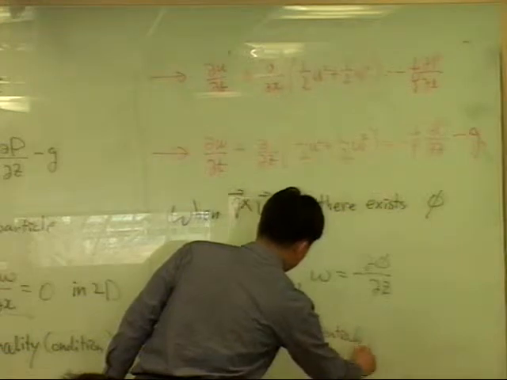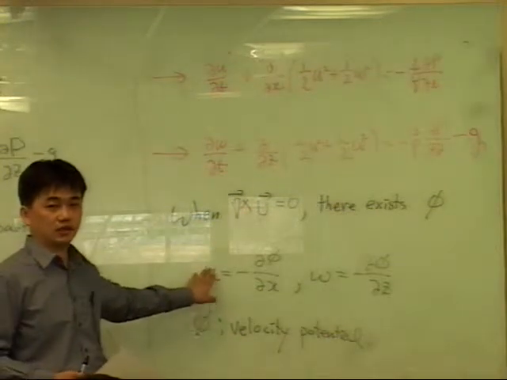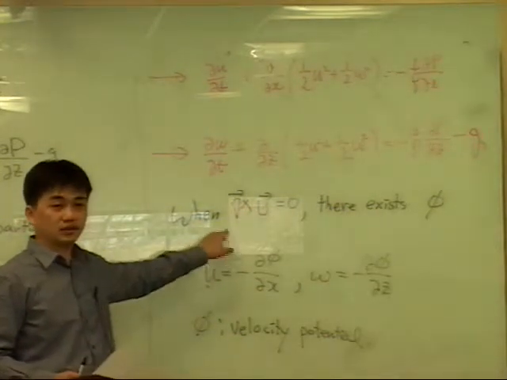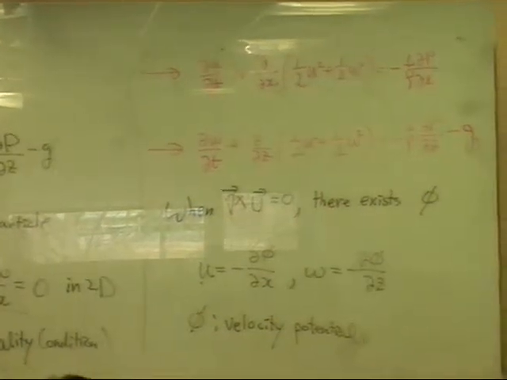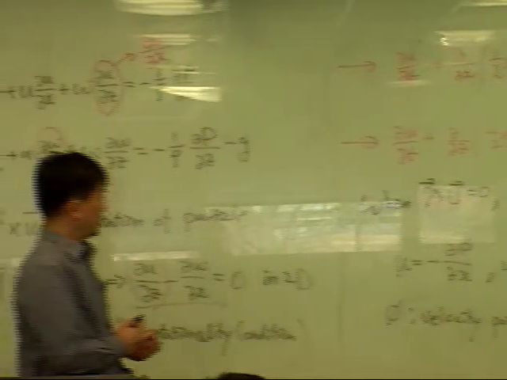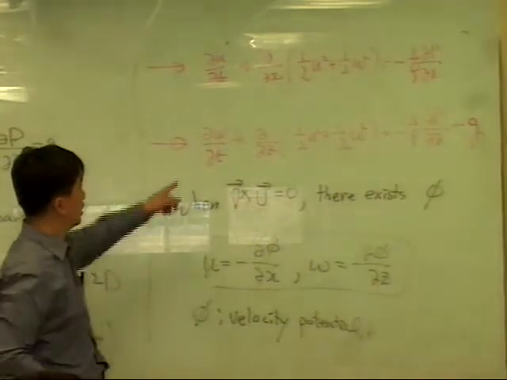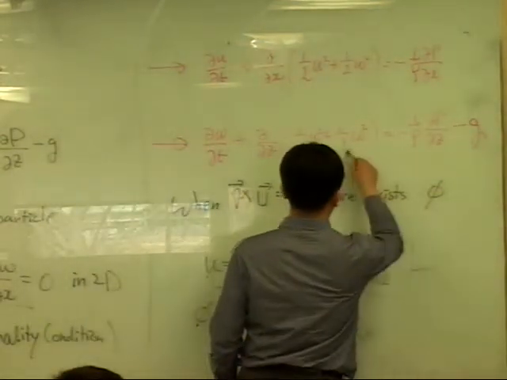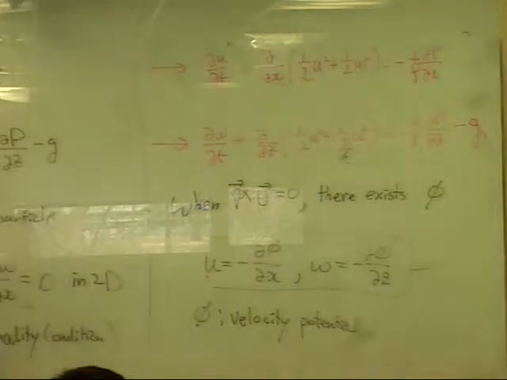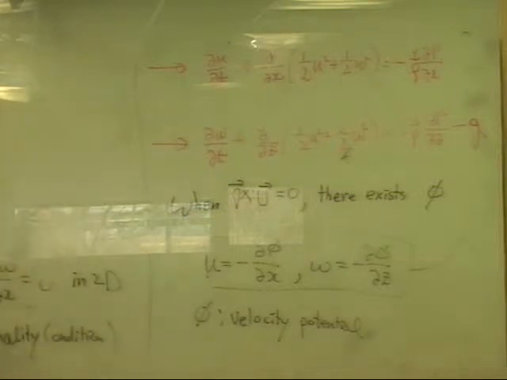This kind of velocity potential exists only when the irrotational condition is satisfied. So if we use this equation in the above equation, we can write down the Euler equation in terms of velocity potential.